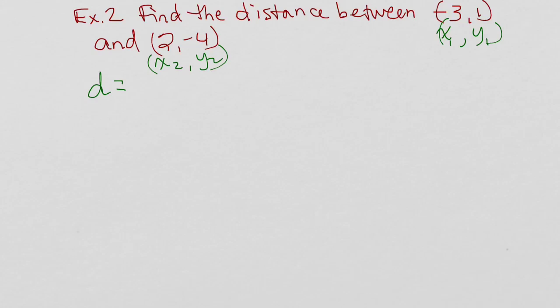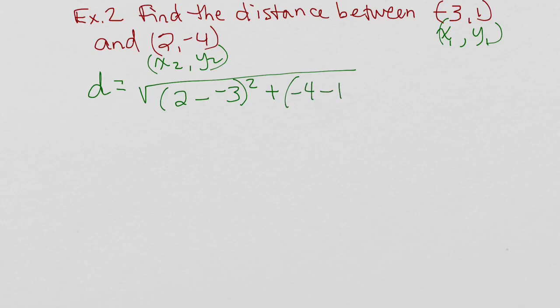So we have the distance equals, so we're going to do x2 minus x1 and take that and square it. So we have 2 minus negative 3 squared. Remember that the negative on the 3 does not replace the minus sign between the two numbers. It just is in addition to it. Plus y2 minus y1, so that's negative 4 minus 1, that quantity squared.